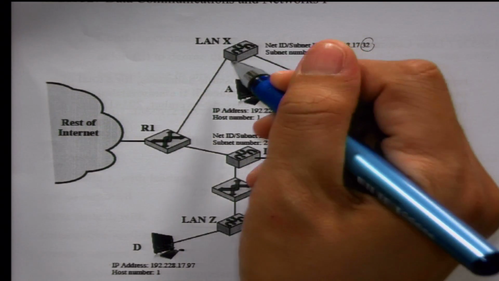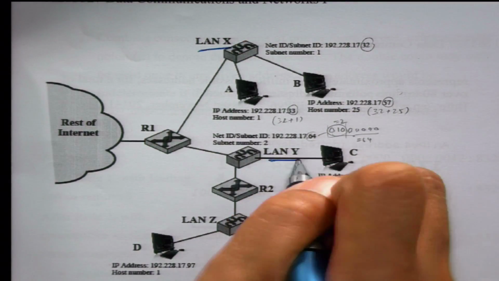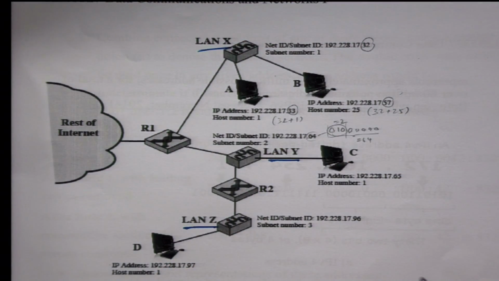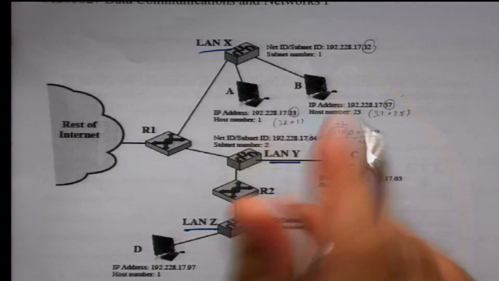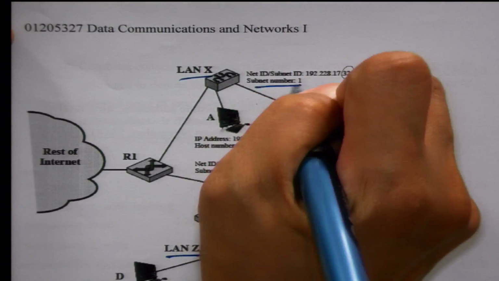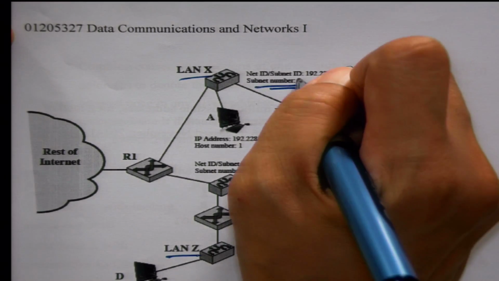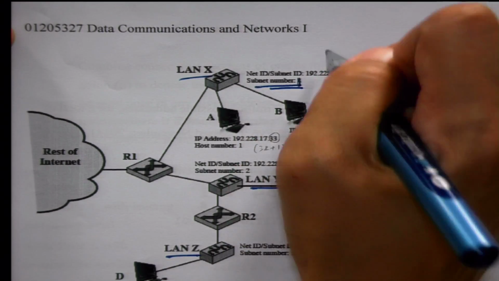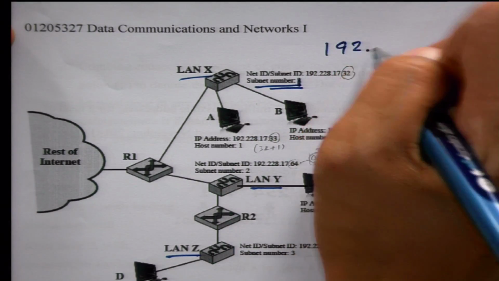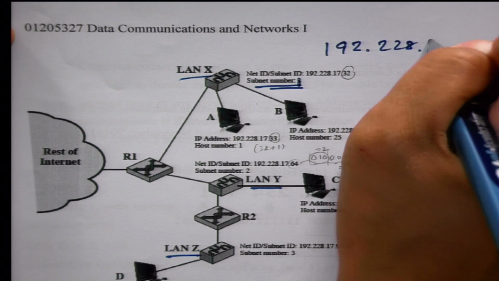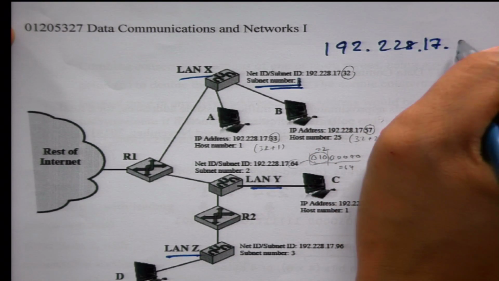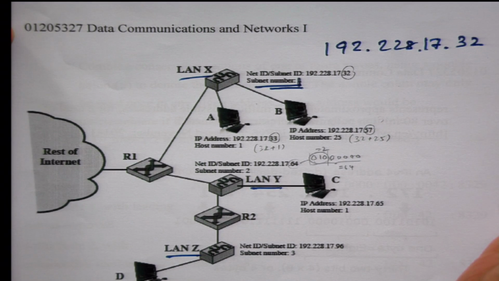Okay, they're connected with LAN X, LAN Y, LAN Z. So LAN X has subnet number 1, because the number is 192.228.17.32. Okay, so this is the subnet ID.